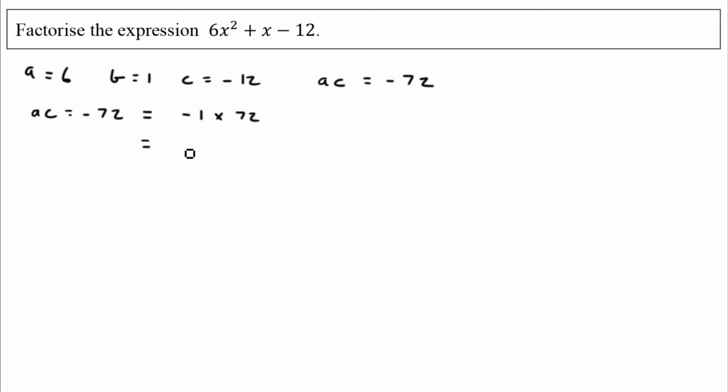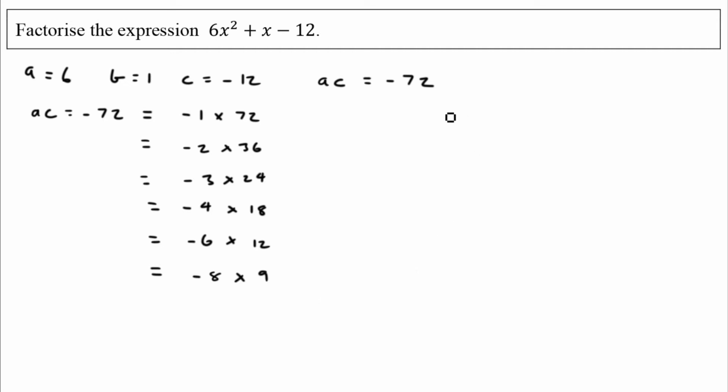It could be written as negative 2 times 36, negative 3 times 24, negative 4 times 18, negative 6 times 12, negative 8 times 9.